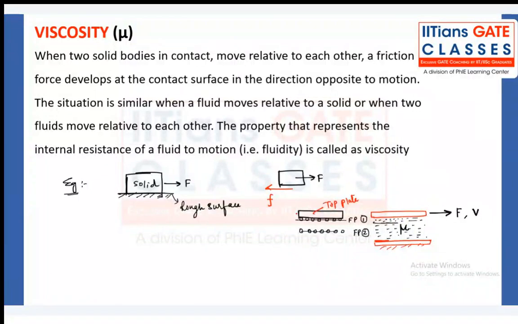Fluid particle 2 will say, how can you move forward with such a high velocity? Can't you see we have huge bonding between each other? You're not giving me any respect and you're moving forward. Because of that, it will offer some kind of viscous force or resistive force, so that it can stop the motion of the top plate.